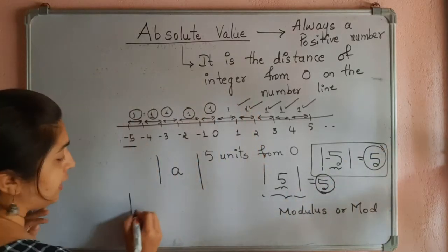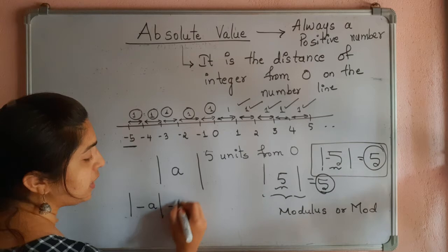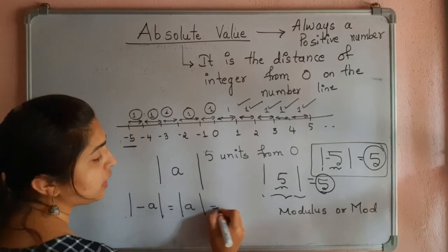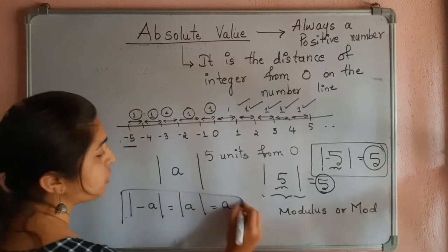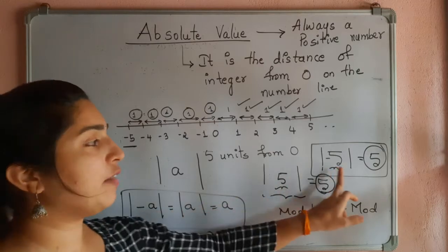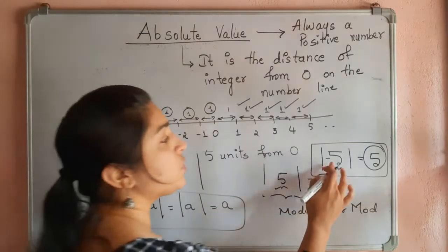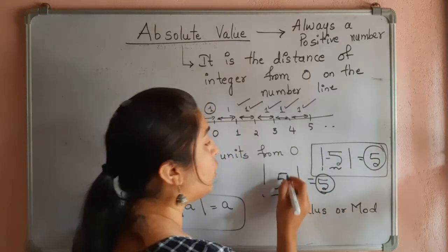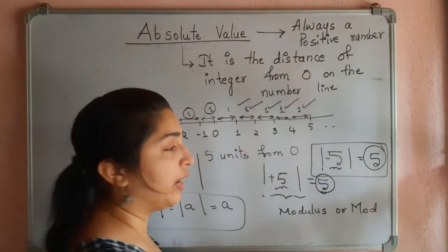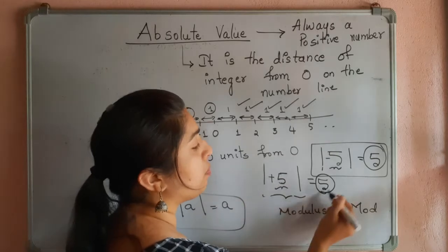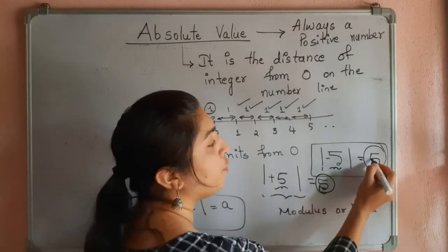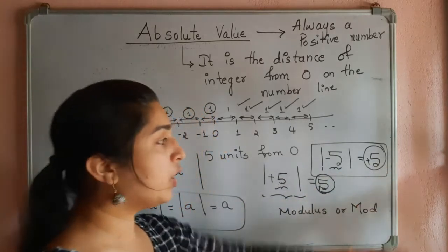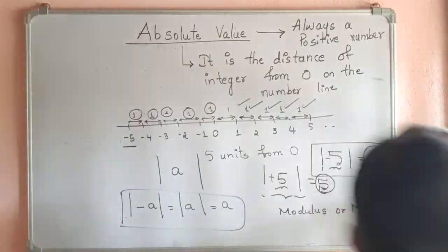So mod of minus a is equal to mod of a, which is equal to a. If you have a negative number, just remove the negative sign and keep the value. Here also this is actually plus 5. Remove the sign, just keep the value. By default, it is plus 5.